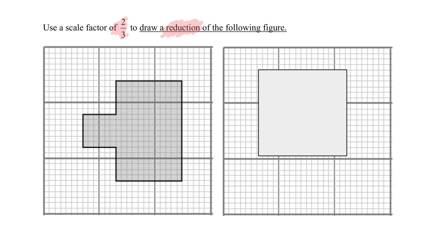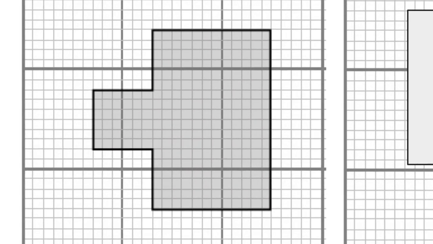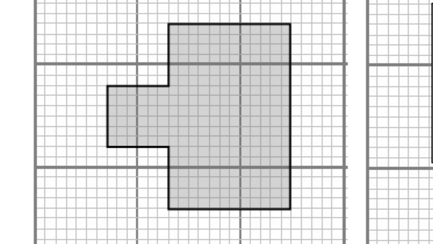For example, if I zoom in to this particular length, it is actually 1, 2, 3, 4, 5, 6.